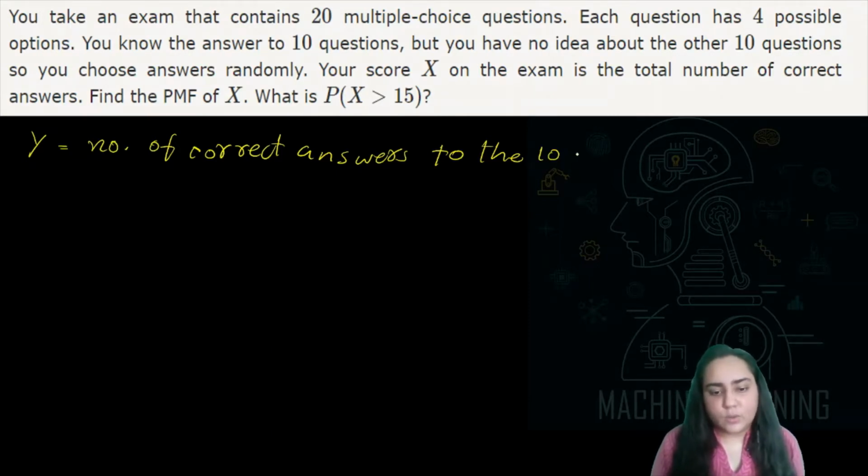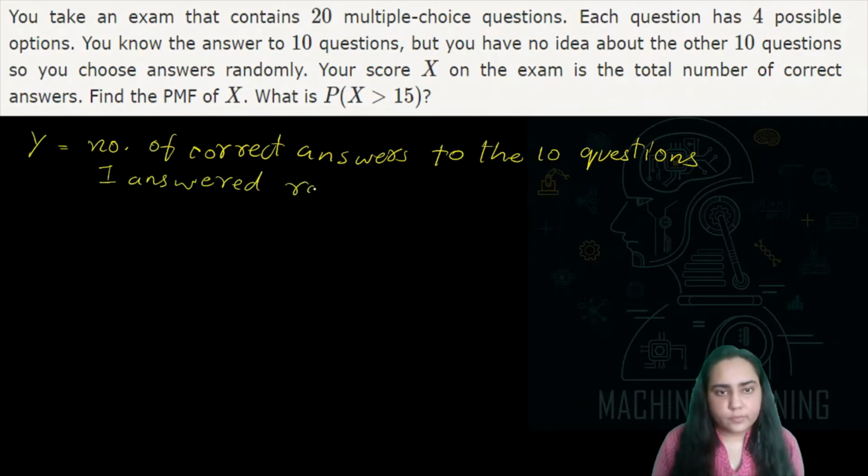So Y is equal to the number of correct answers to the 10 questions that I answered randomly. That means my total score X is going to be 10 plus Y.